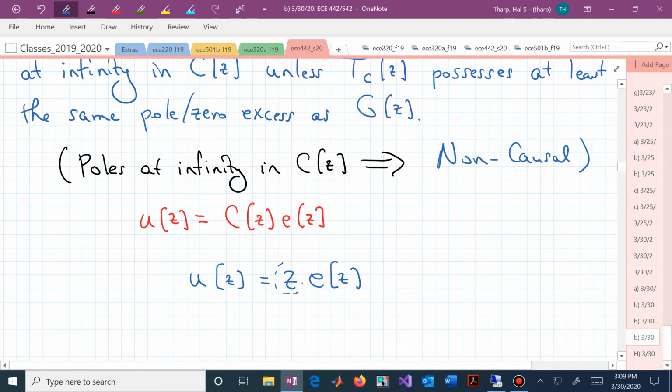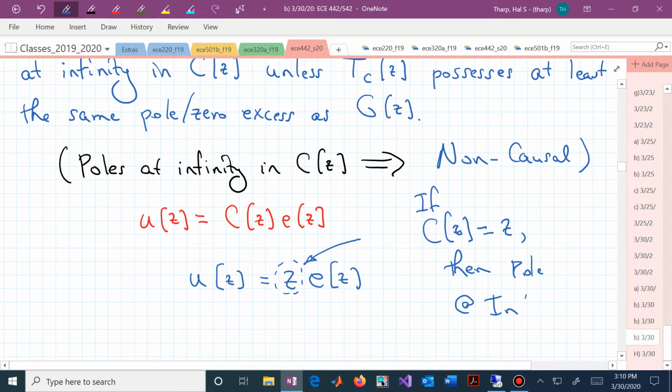Here would be our controller. What would its pole zero excess be? It wouldn't have a pole zero excess. If C of Z is equal to Z, then we have a pole at infinity.